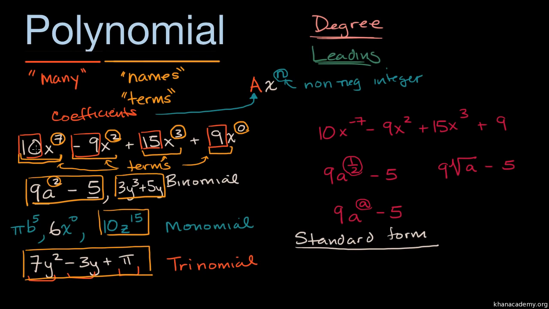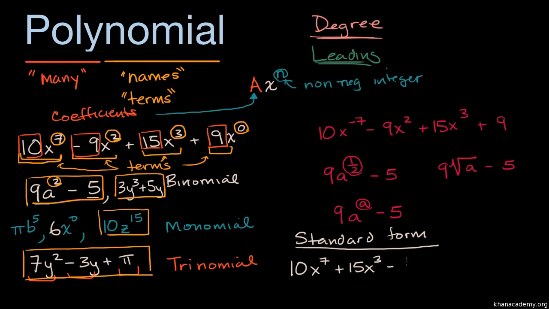So for example, what I have up here is not in standard form because I do have the highest degree term first, but then I should go to the next highest, which is the x to the 3rd. But here I wrote x squared next. So this is not standard. If I wanted to write it in standard form, it would be 10x to the 7th power, which is the highest degree term. That's the degree 7. Then plus 15x to the third, which is the next highest degree.